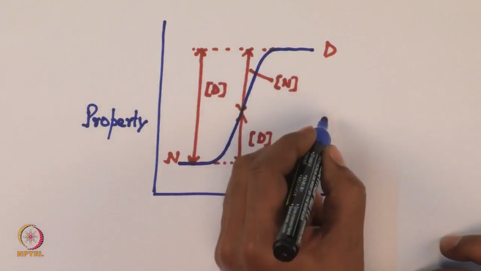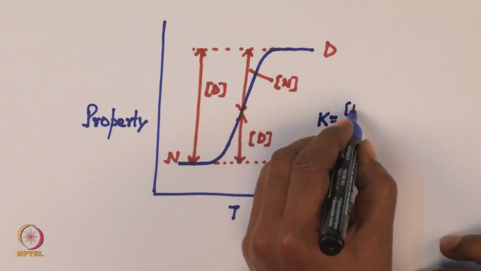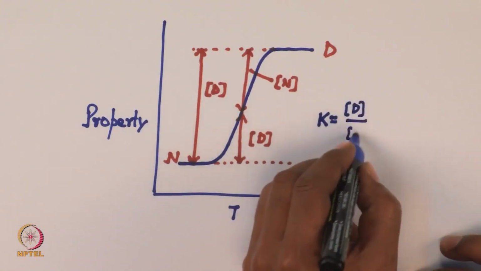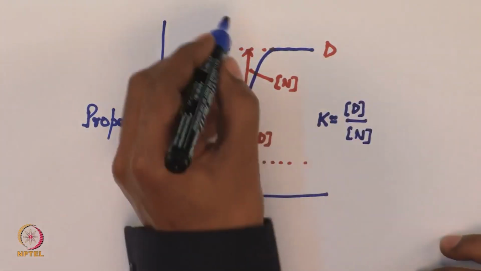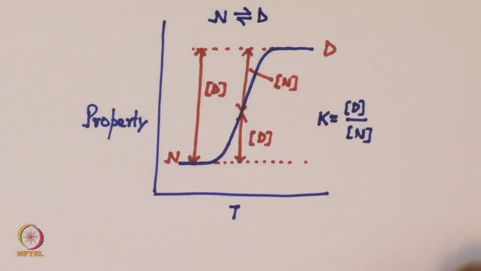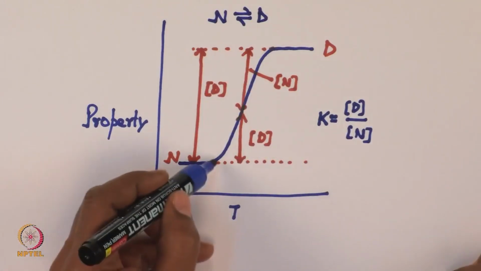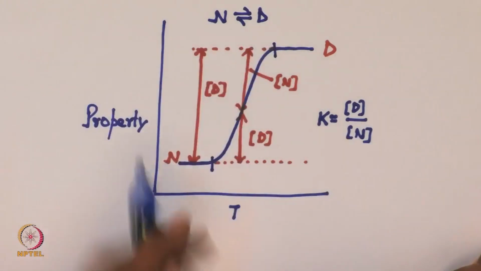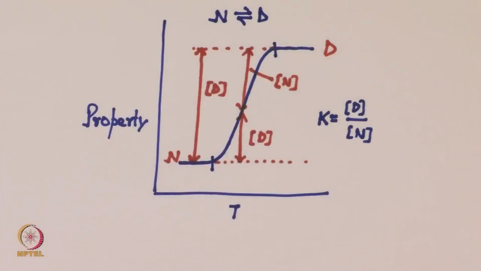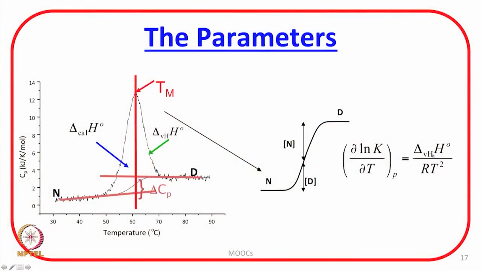If I know D, if I know N, then I can write K is equal to the concentration of D over the concentration of N. Remember, we are talking about N going to D. And this K can be obtained at any temperature between this limit and this limit. We can get the temperature dependence of K. Let us go to the slide, and if I have the temperature dependence of K, I can get the Van 't Hoff enthalpy.